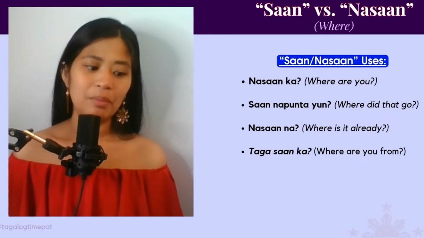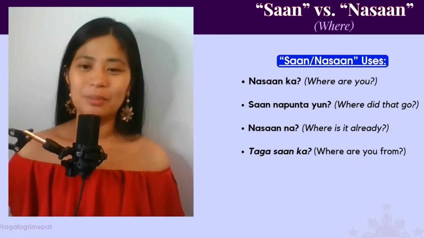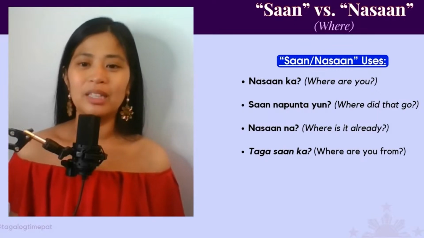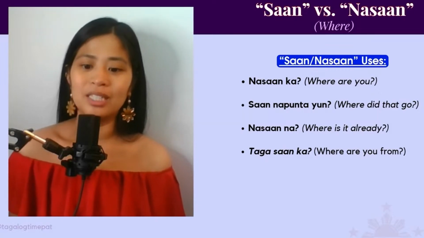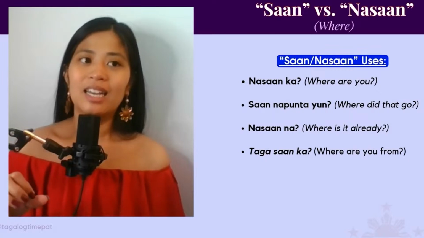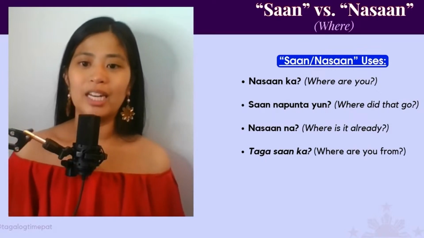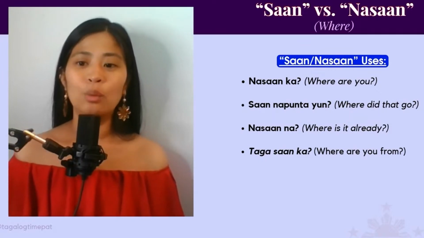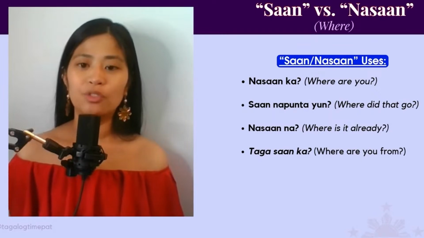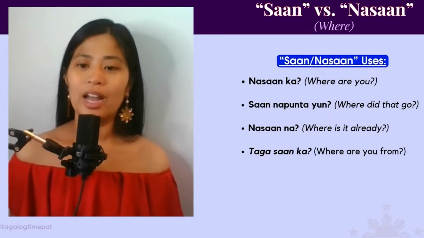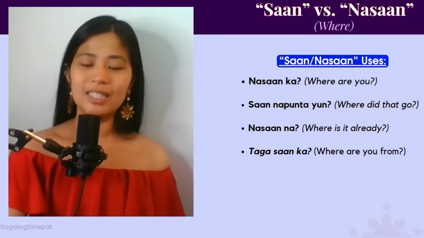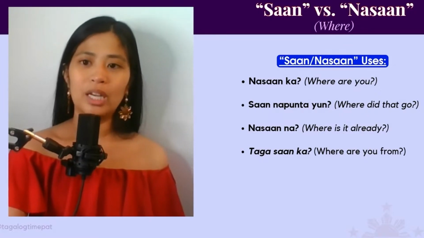Maybe if you're waiting for a pizza to be delivered and they're taking a long time, you say, nasaan na? Where is it? Na again is an emphasis word. Sometimes it means already. Taga saan ka? Where are you from? Taga means from. Saan means where. Ka is referring to you. Taga saan ka? So those are the different ways saan can be used.